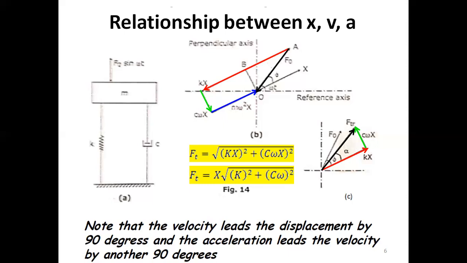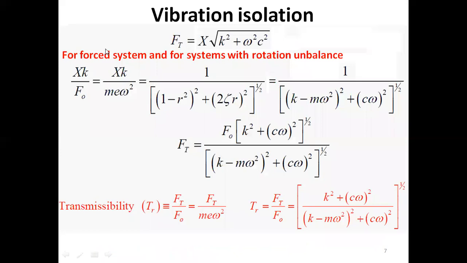Just by using vector summation through the graphical method, we come up with the magnitude of the transmitted force. The magnitude of the transmitted force Ft is equal to capital X under the root k square plus omega square c square.